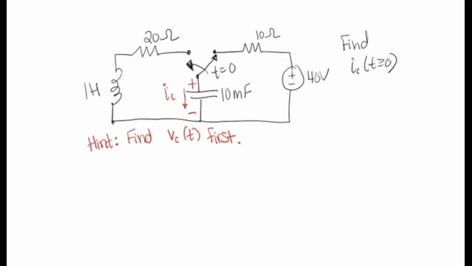Oh, it's L. Yep, it's L. You're right. V naught is 40 volts. We know the IC is. We don't know. I totally understand. No, that's great.